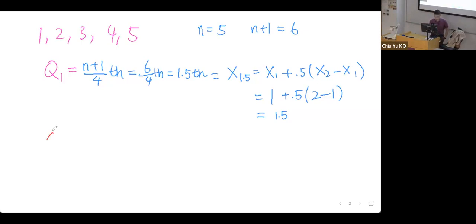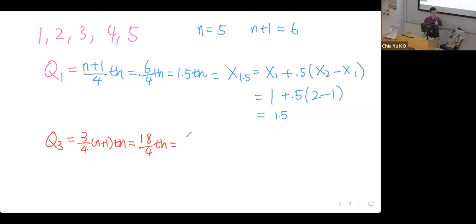So Q3 is what? According to the definition, Q3 is the 3/4 times (n plus 1) data point. Now use the math. Use your primary school math. 6 times 3 is 18, so it's 18 over 4.